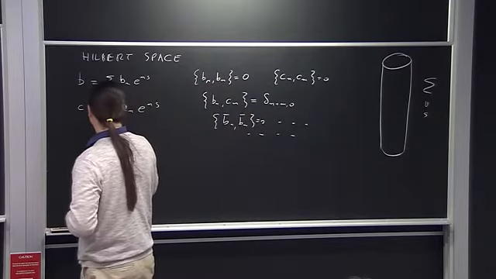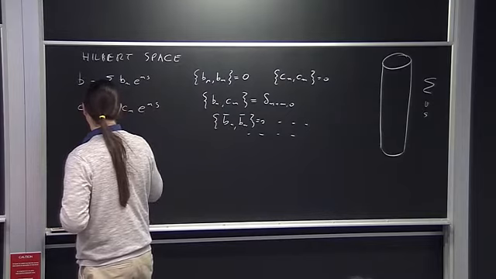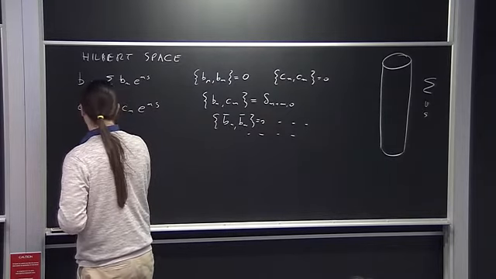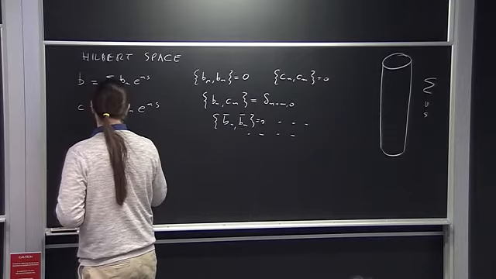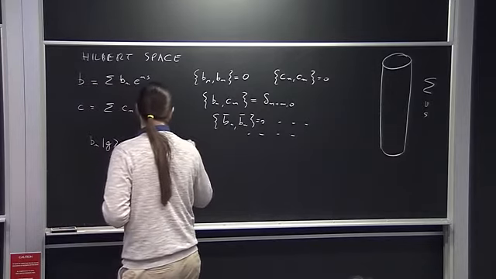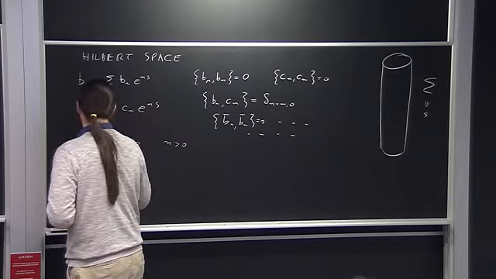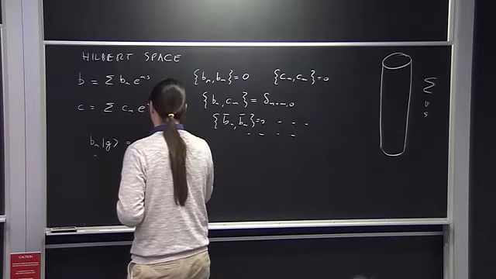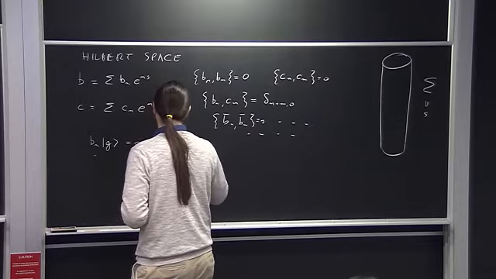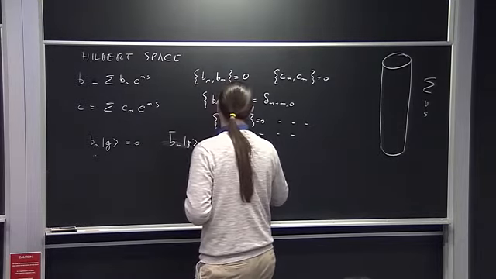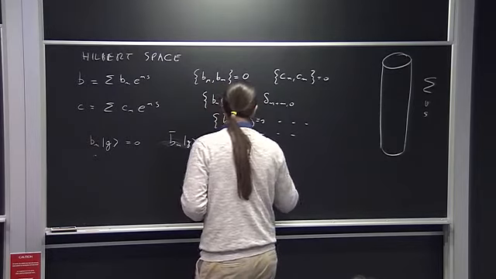So let me define some ground state G, which is annihilated by all the positive modes of B and B bar and C and C bar.